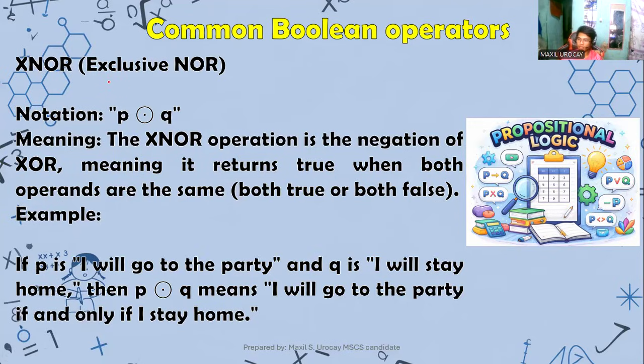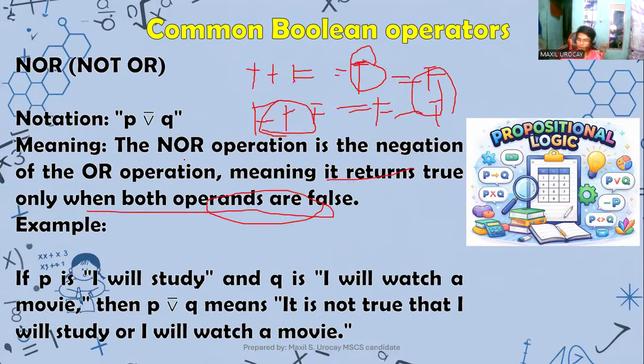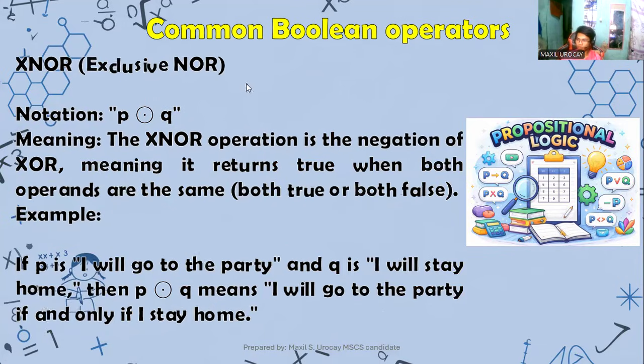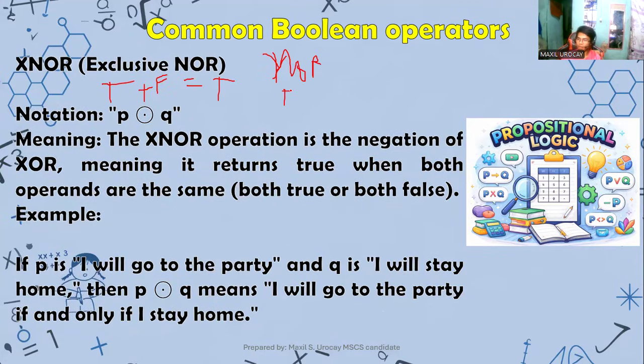If true plus false for XOR will become true, then the XNOR is the negation, right? The negation of the XOR operation will become false. So the XNOR will become false.